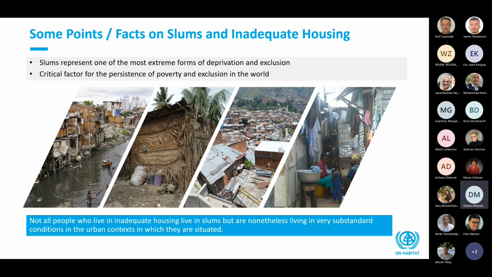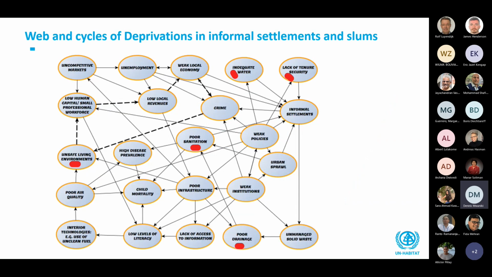So here we distinguish specifically that we have settlement level measurement, but also very specific household level deprivations. So the cycle of deprivations and issues that we can use to identify slums and informalities, as well as multiple deprivations. There are a lot of components that form this.